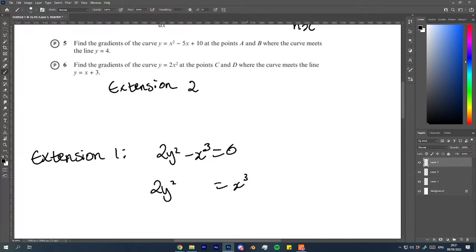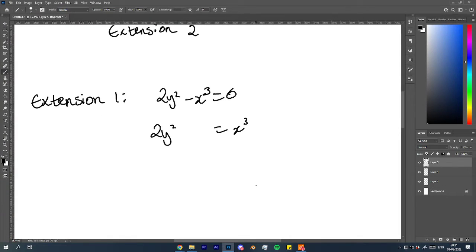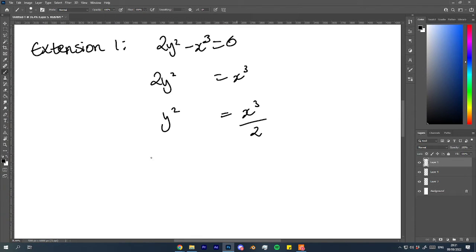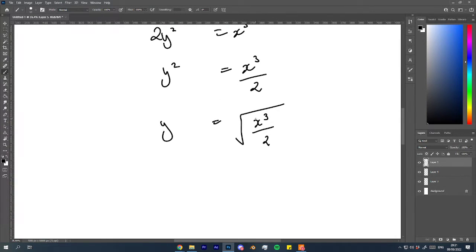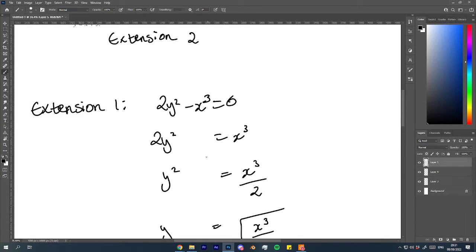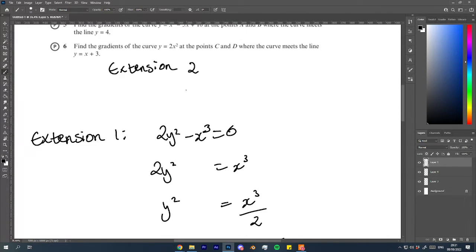I'm going to add x cubed on both sides, divide by 2, and then square root. Okay, now when we square root an entire fraction, in fact, we can leave it like this. But we want to differentiate this. Let's check. Yeah, we need to differentiate it.